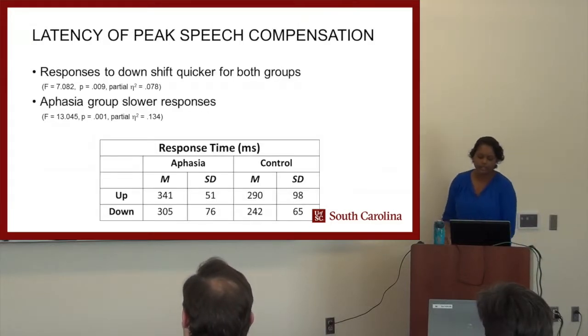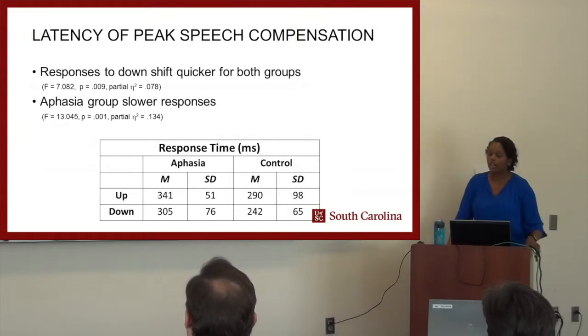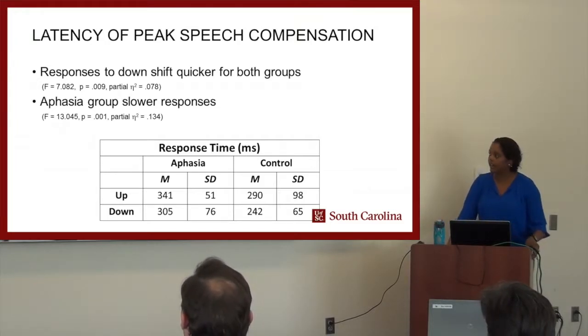So what we found, these are, if you look in the table, these are all of the response times in milliseconds. And what we found was that for both groups, responses were quicker to the downshift than they were to the upshift. And also we found that in the aphasia group, they tended to respond slower than the individuals in the control group.